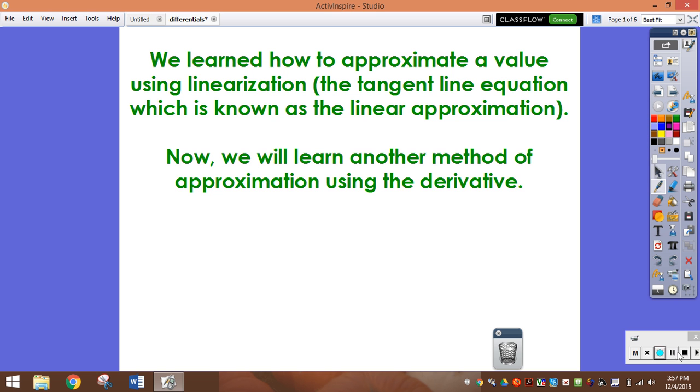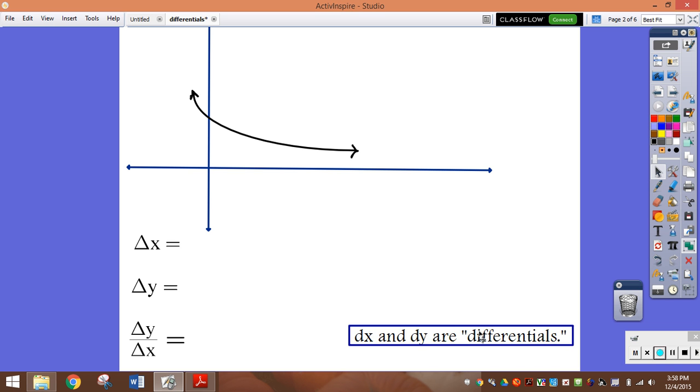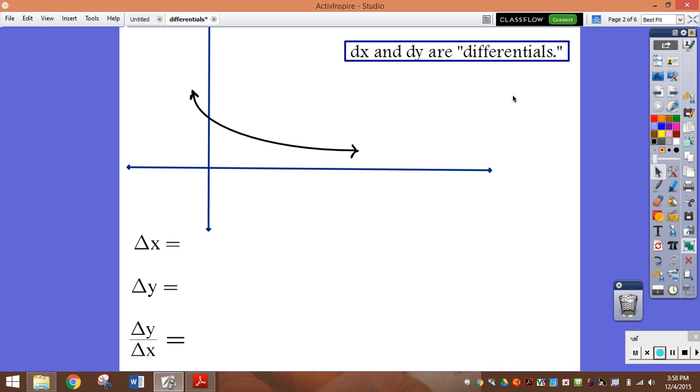So the word differentials is referring to dy and dx. In general, those are called differentials.